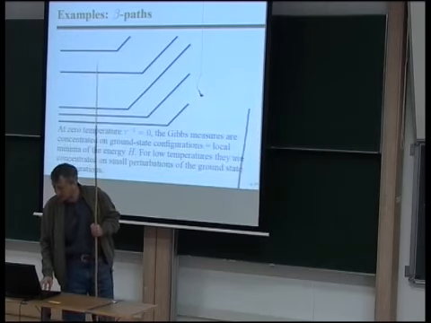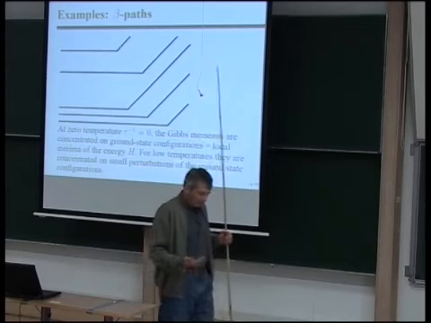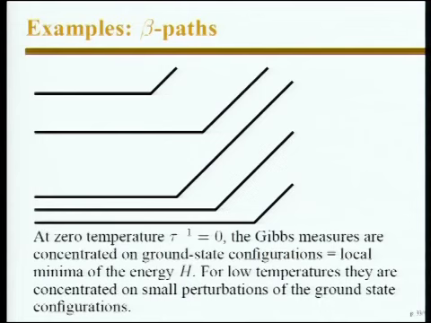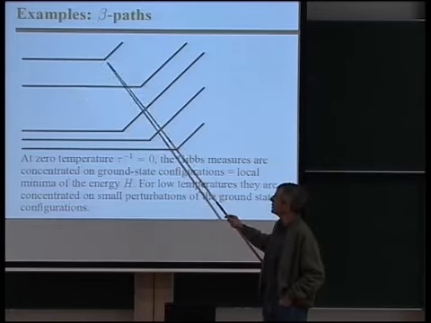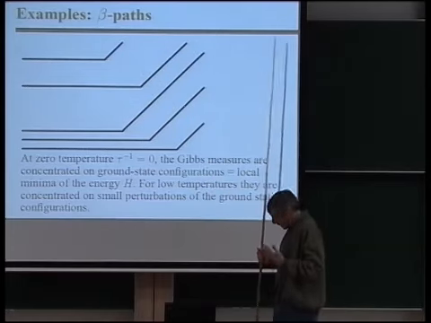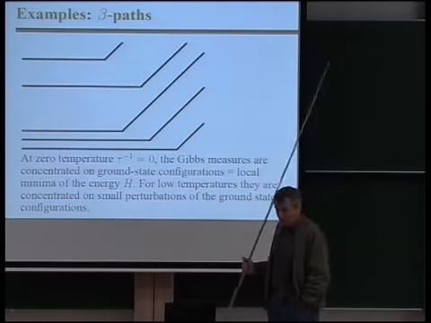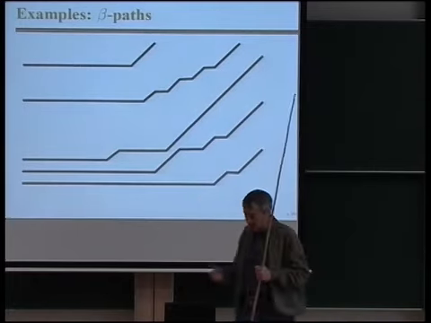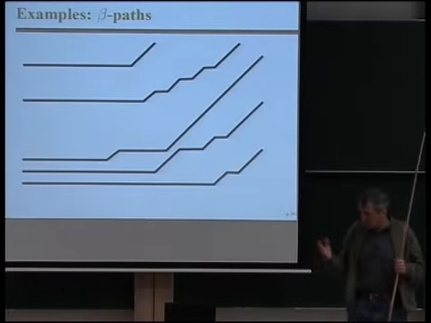Yes. So there is this temperature in our model, and if we take temperature 0, then we're talking about what is called the ground state in statistical mechanics. So at this 0 temperature, the paths you would see just go for some time horizontally and then start off in a diagonal way. And your measure, the ground state measure, is just concentrated on such paths. And at low temperature, you just make some small perturbation of this picture.